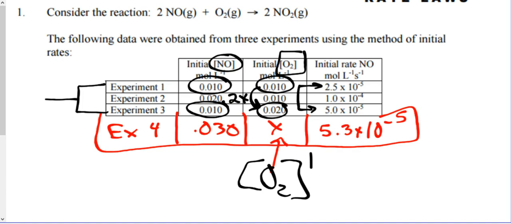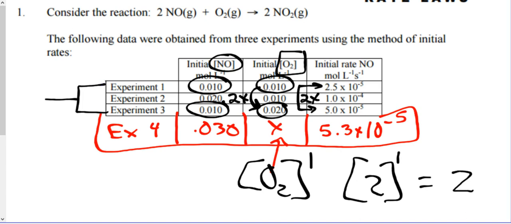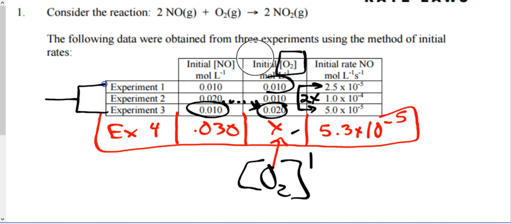If I come over here and the rate is also multiplied by 2, then whatever number I put here, if it is the same number here, then the exponent has to be a 1. Alright, okay, now that makes sense. Oh, I think I just bullied you into saying that. And you're not alone. I don't know what I'm doing wrong this year. Because this usually goes quick.